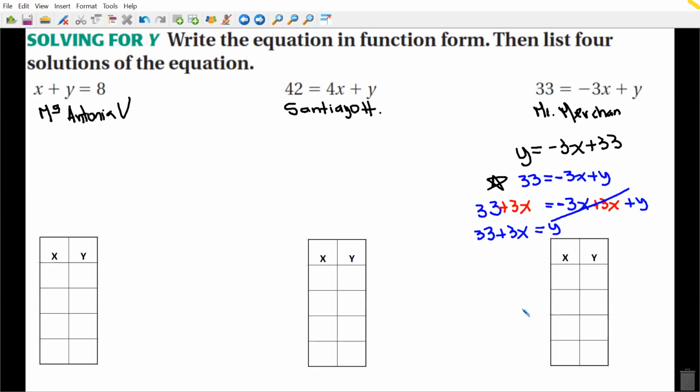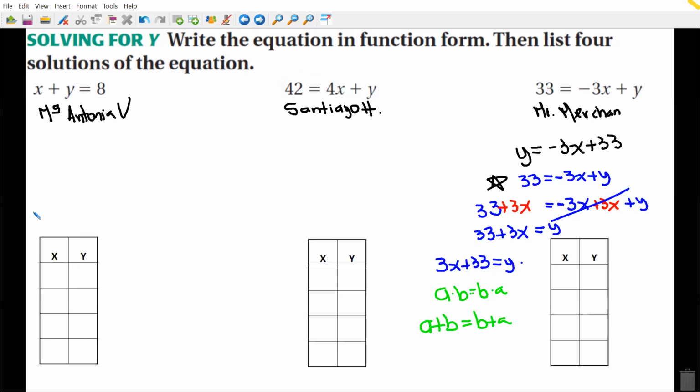If I organize this, I can say 3x plus 33 equals y, right? And there's one property called the commutative property that says that a times b is the same as b times a, or it also says a plus b is the same as b plus a.